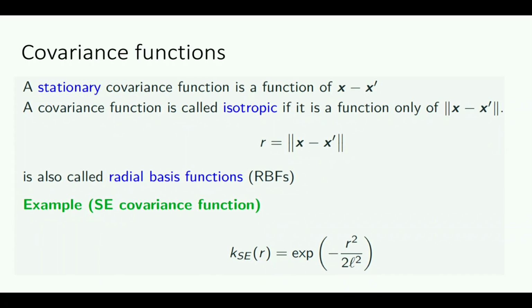Here you can consider Euclidean distance, or just the absolute distance between the two, as a very strong metric for distance. So let's note r as the absolute distance between two points. We call it an isotropic covariance function if the kernel or covariance function is only a function of the absolute distance between the two.